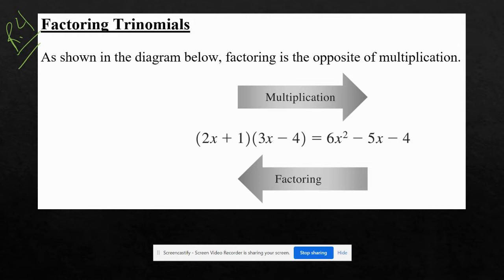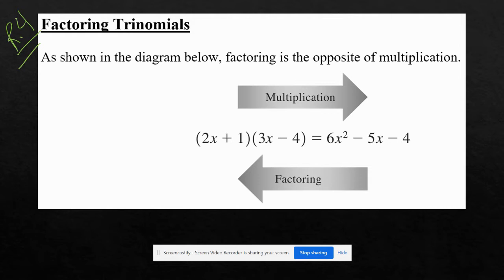I'm going to give you an alternative method that always works, regardless of if you have a trinomial with an a value of 1 or a trinomial with an a value greater than 1. It doesn't matter.